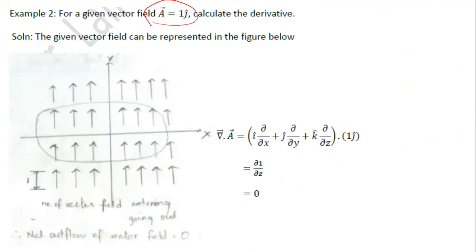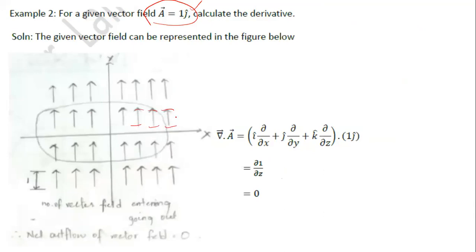This. As you can see, this is a fixed vector. It has a certain fixed magnitude. This vector has unit magnitude, and it is pointing along the y-axis. The vector direction is defined by j cap here. So you have vectors of fixed magnitude pointing along the y-axis.